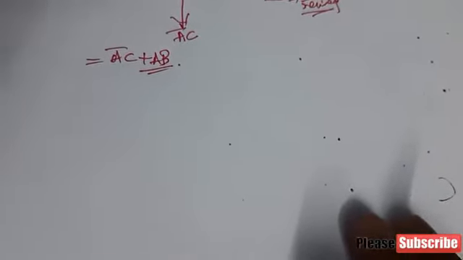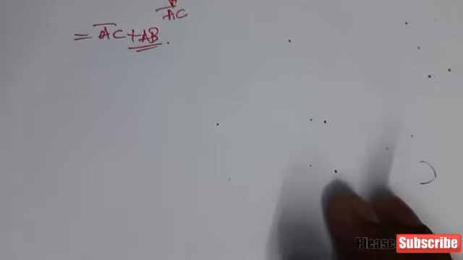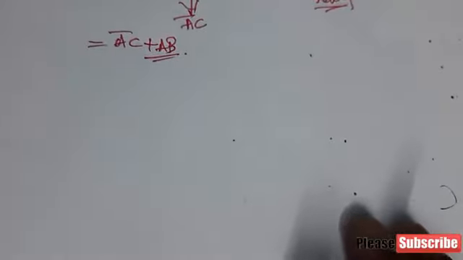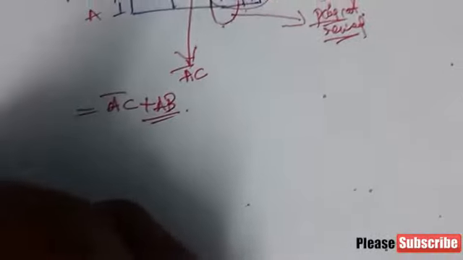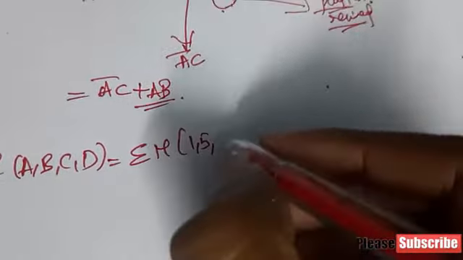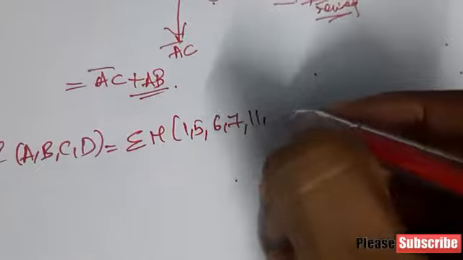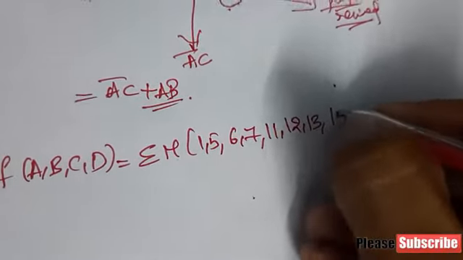Next you will see some essential prime implicants problems, then you will understand more efficiently how we can use the essential prime implicants. Let's see the example. The question will be like this: f of a, b, c, d is equal to summation of m of 1, 5, 6, 7, 11, 12, 13, 15.